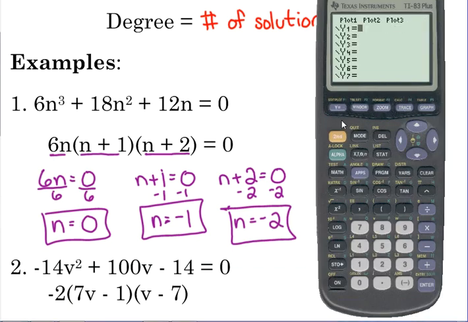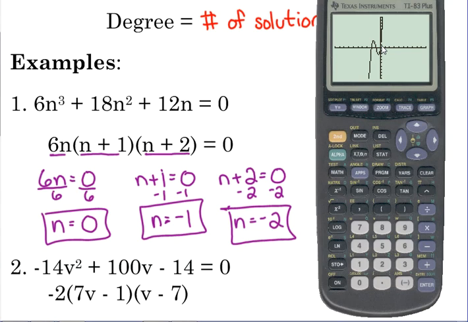Let me point out one more thing. When I graph this, where is this function going to cross the x-axis? At the answers. At -2, at -1, and at 0 is where my graph crosses the x-axis. So there's a connection there.